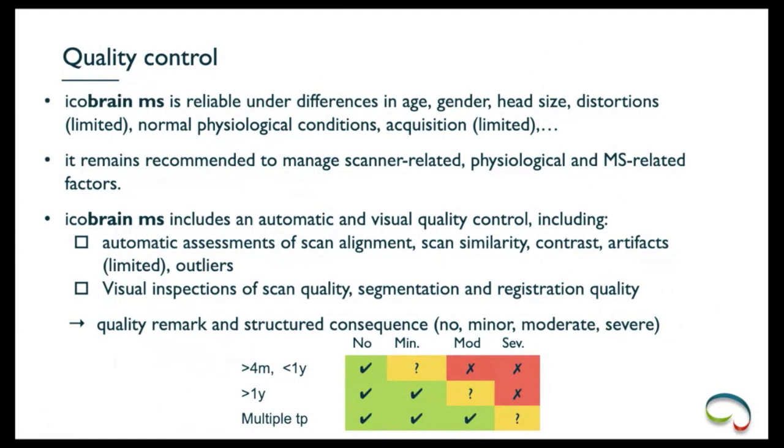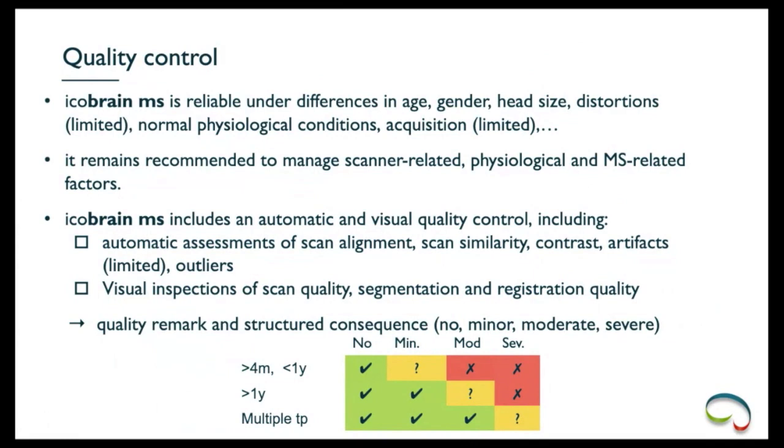In case there is a minor impact, we recommend to be very careful, especially if the time between the scans is between 4 months and a year. If the time difference is larger, we can assume it's reliable, and also when multiple time points are acquired, so more than 2, it's still to be considered reliable.